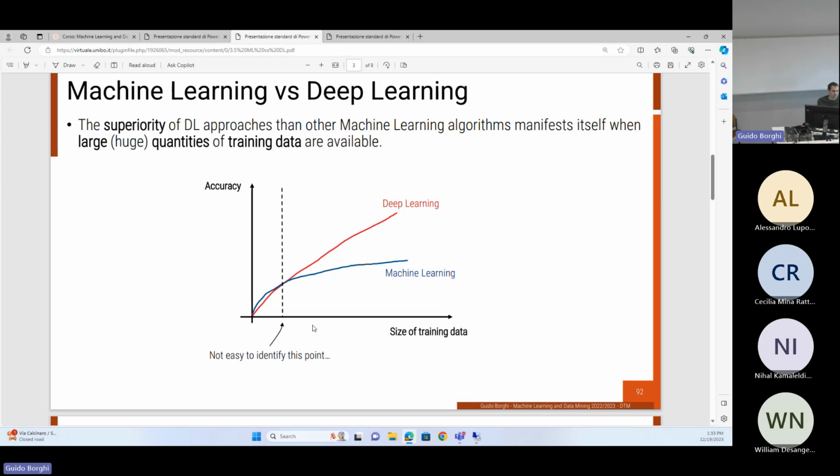I told you that the fine-tuning procedure requires a limited portion of training data. But if we have to train our network from scratch, we need a lot of training data. So if we don't have a huge training data set, deep learning is not a good option.